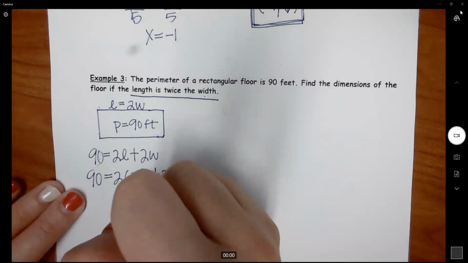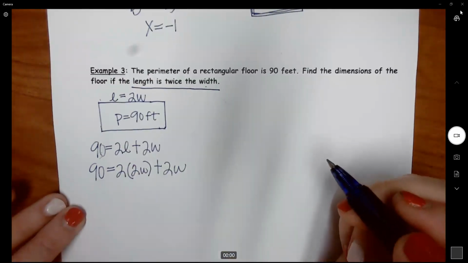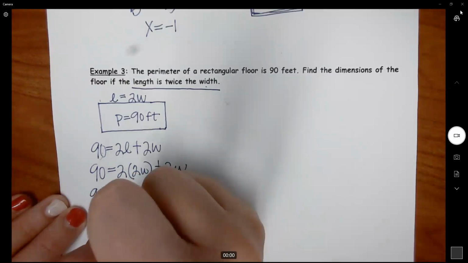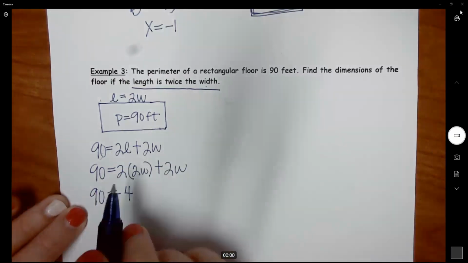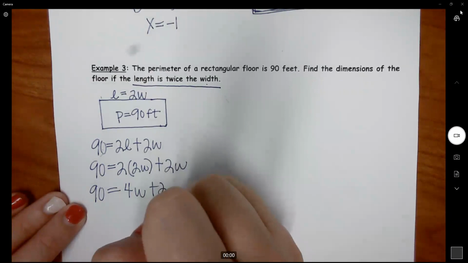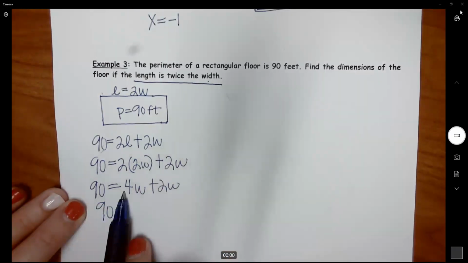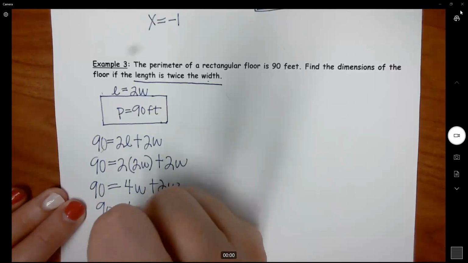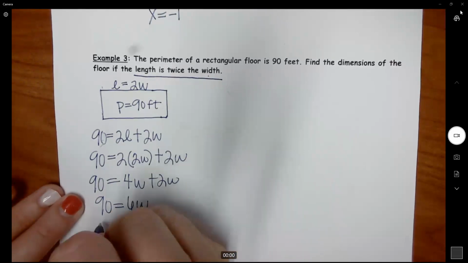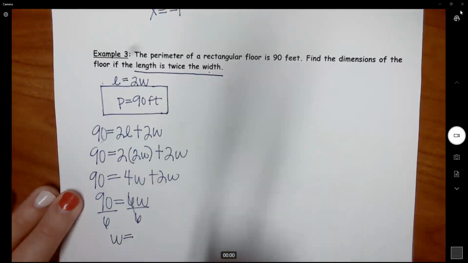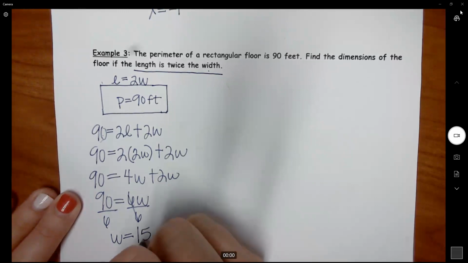So that goes in place of my L. Now solve. 90 equals 4W, since 2 times 2W is 4W. Combine your like terms. 4W plus 2W is 6W. Divide by 6, and W equals 15.